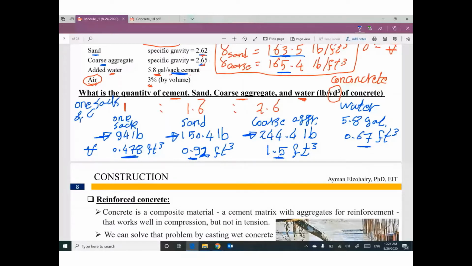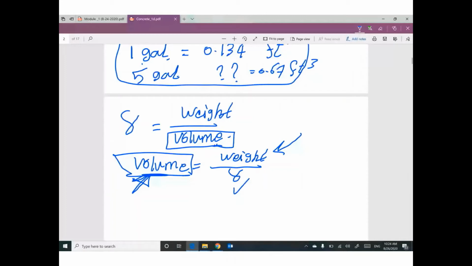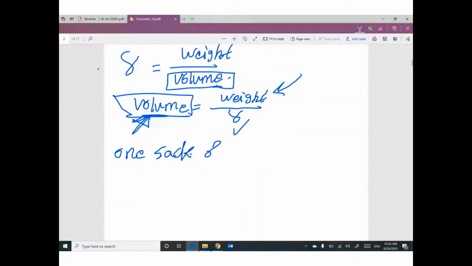Can you tell me what the final volume is? So one sack of cement will produce what total volume of concrete?